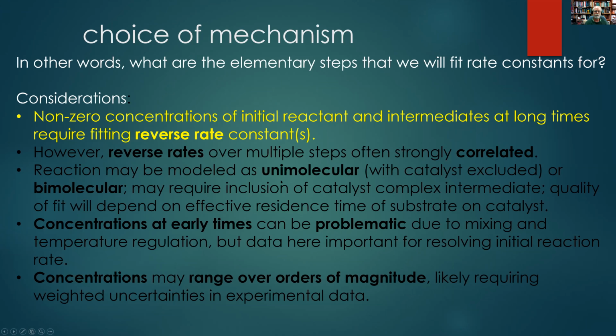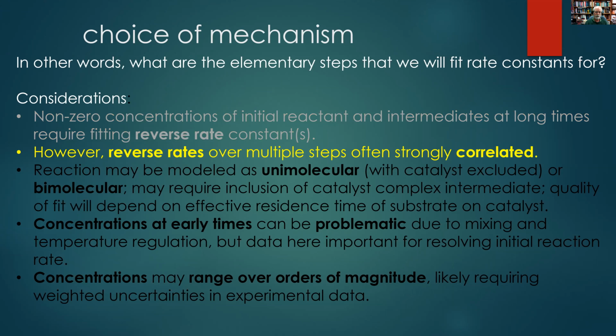And that means that there are reverse reactions that are also important in the analysis. And that's what's necessary to set up some kind of equilibrium. Reverse rates actually complicate things significantly because we usually don't resolve them since the net reaction is really moving forward. We don't resolve the effects of the reverse reaction steps so well, and so they tend to be more strongly correlated than the forward steps.